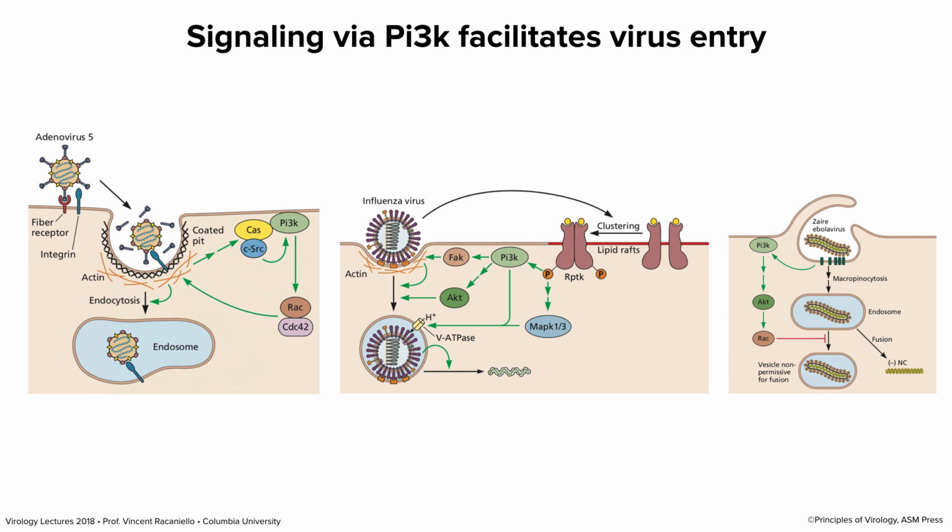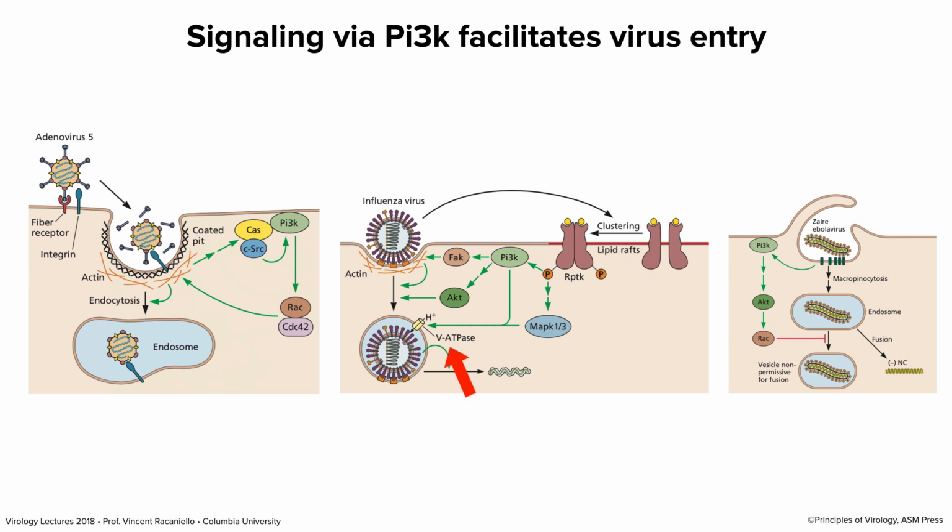In the middle, similar situation, we have influenza virus binding its receptor. In this case, it is actually a separate effect of binding. The virus binds near what we call lipid rafts. These are specialized microdomains in the plasma membrane, and the virus binding causes clustering of receptor protein tyrosine kinases, these RPTK molecules, and that initiates a signaling pathway that also loosens the actin filament structure so the virus can enter by endocytosis, but also activates a vacuolar proton pump in the endosome membrane.